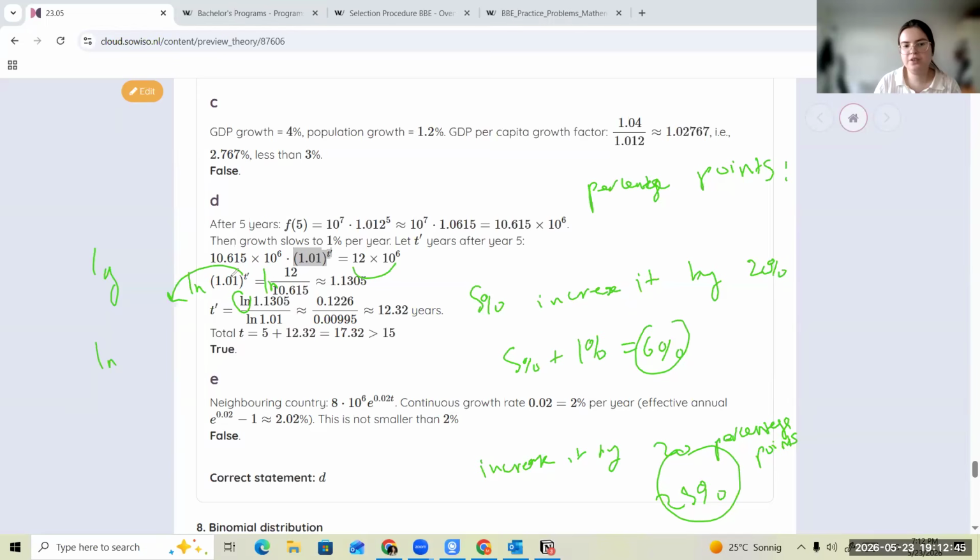T goes in front, and then you divide ln of this number by ln of this. That gives you 12.32 years, and then you add the other 5. So 5 plus 12.32 gives you 17 years and something, which is already more than 15. Therefore, it's true. You need more than 15 years to get to 12 million people.